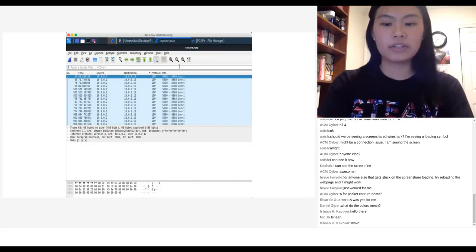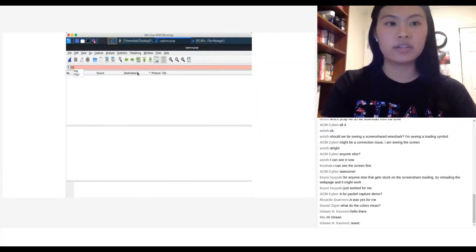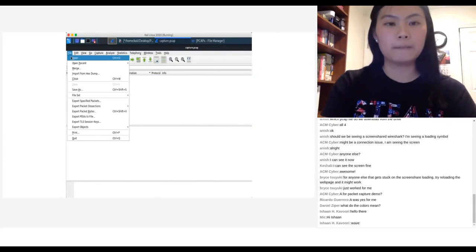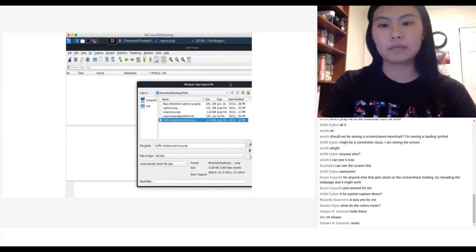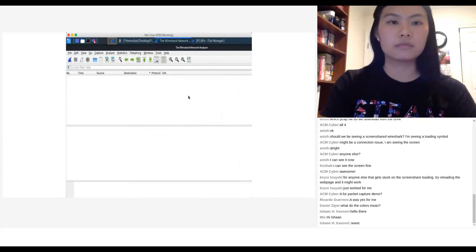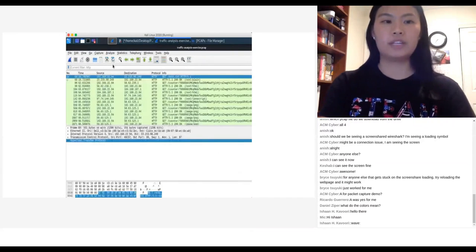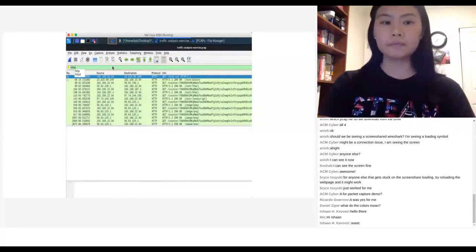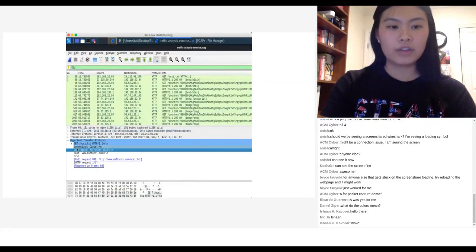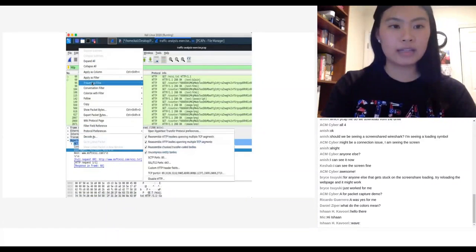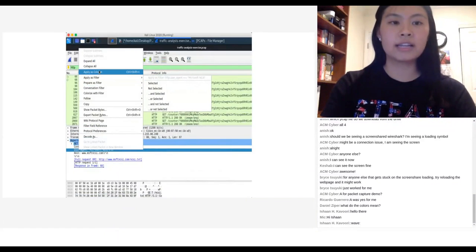So for example, if I do HTTP here, and I have user agent that I want to add as a column, I right-click it and say apply as column.